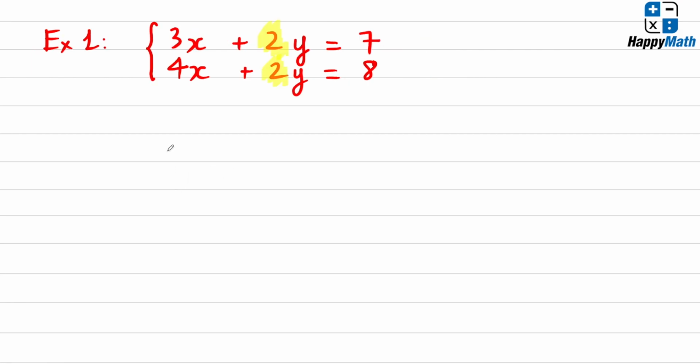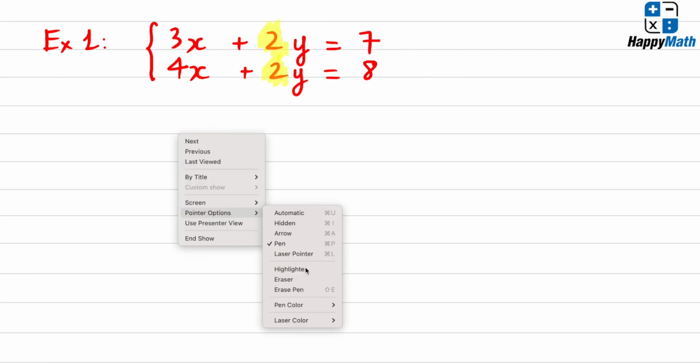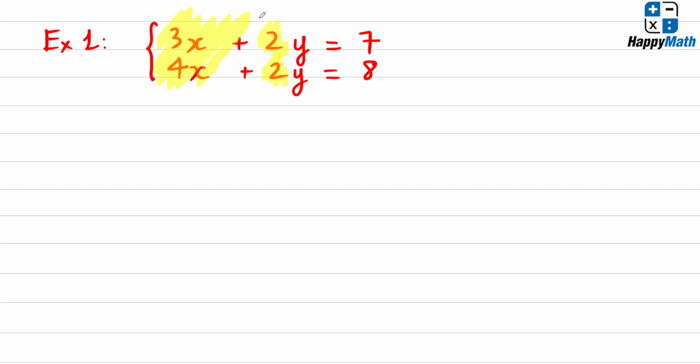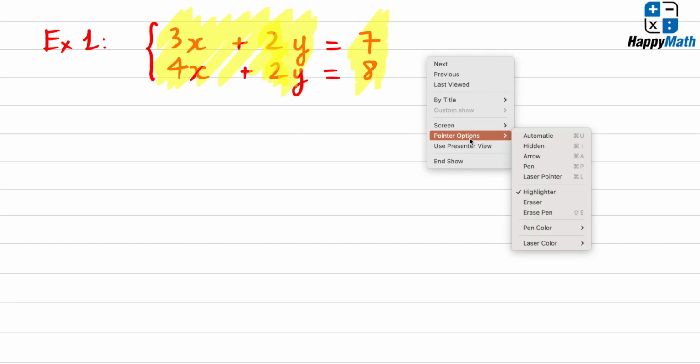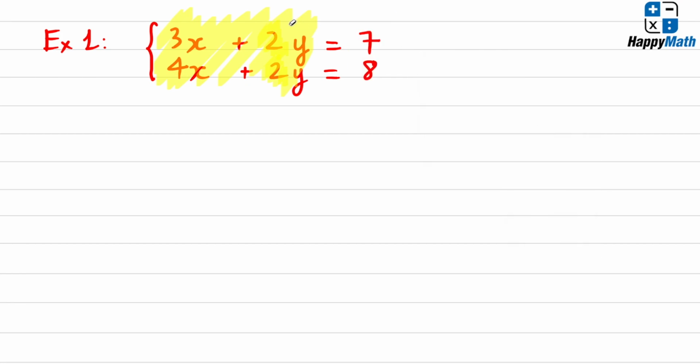This is the left hand side. Or you will take subtract of the right hand side of this equation. For example, I want to take subtract of the left hand side like this.